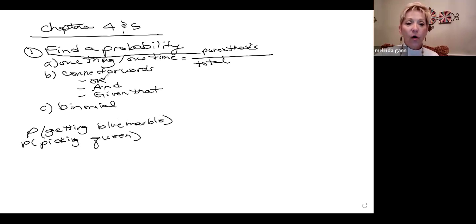Now, the formula for or and and are on your formula sheet, so make sure you copy the formula sheet. Binomial, your calculator does all the work, but you've got to know where to go and what to type in.